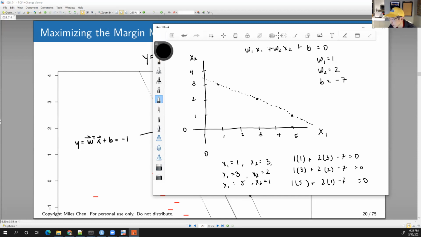Okay, and if we want parallel lines, we will have one that's basically here.